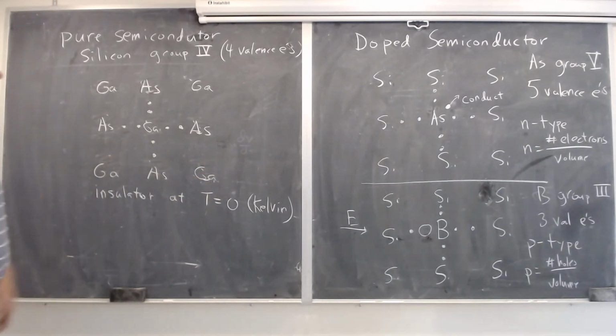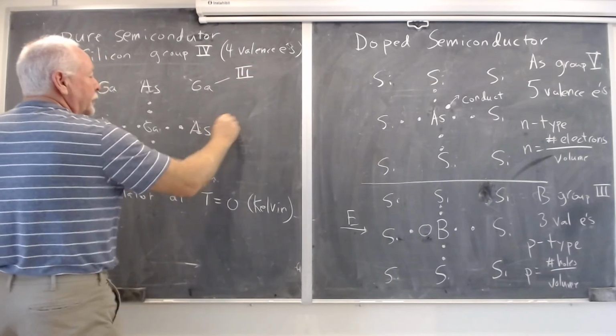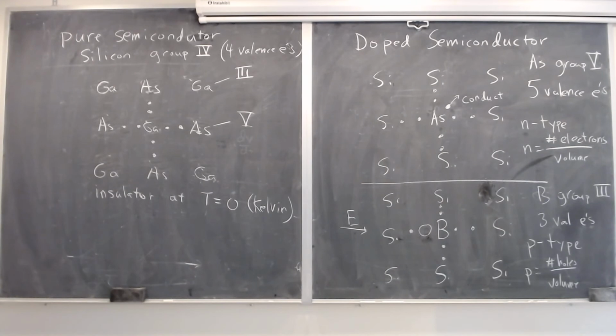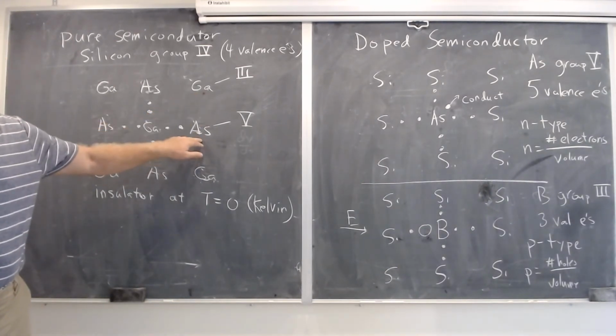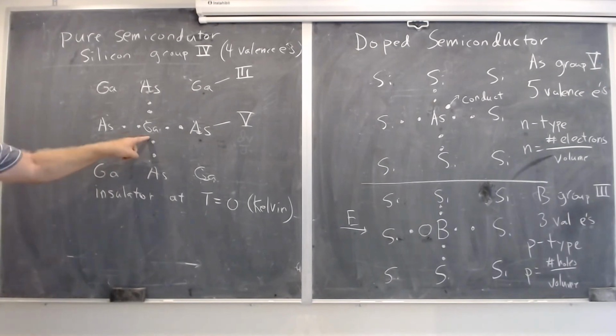Gallium is group 3, and arsenic is group 5, as you know. And so this contributes 3 valence electrons, and this contributes 5. So it's the same picture as far as the rule of 8 goes, because this gallium contributed 3 of them around it.